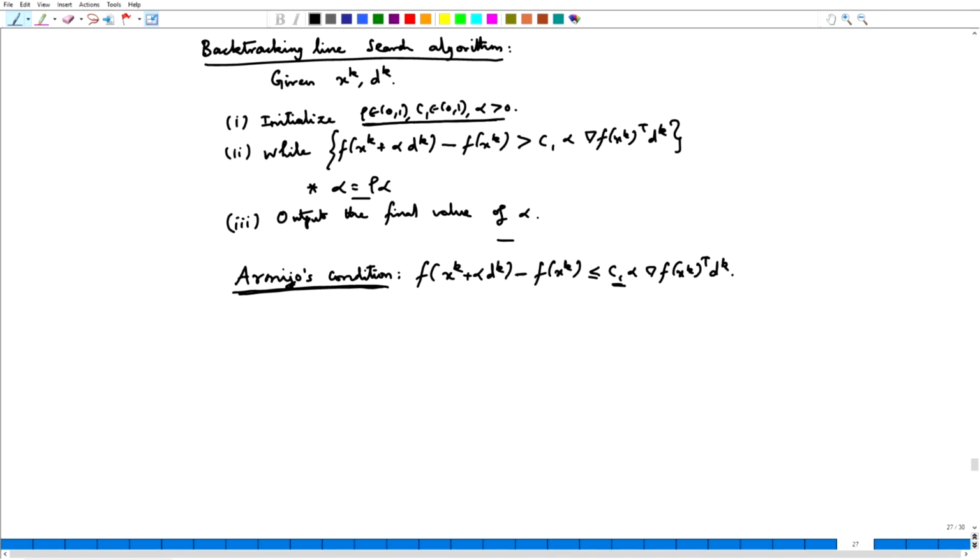So, the question we have now is, why does Armijo's condition work and what does it ensure in the first place? What we are doing is we started with a very high number and we keep on reducing the value of alpha.